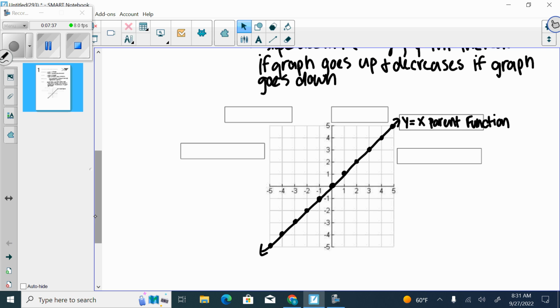The first thing we talked about was compression, right? We said compression means that our slope is getting smaller. So what would be an example of a slope smaller than the one in our parent function? 1/2, that would be perfect. So we're going to show compression by making the slope 1/2.